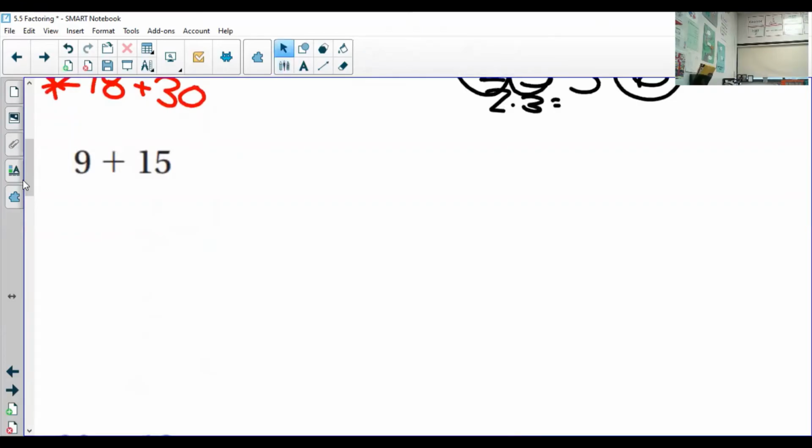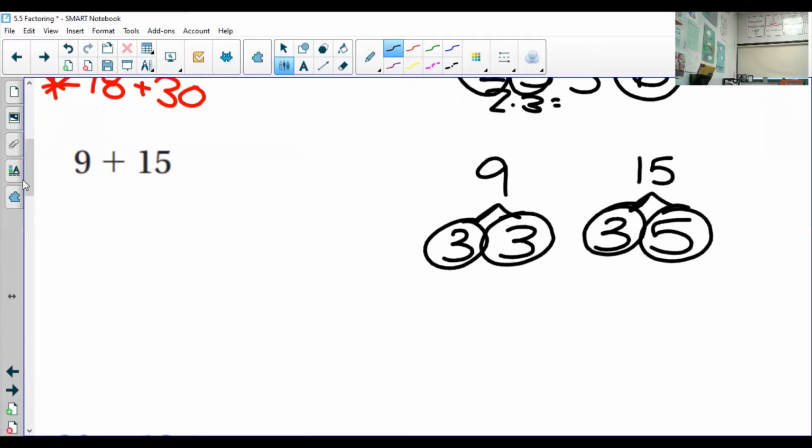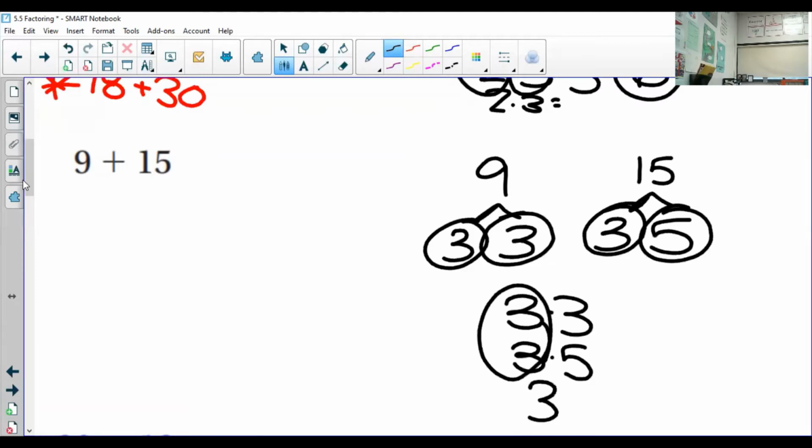So now I have 9 and 15. I'm going to come over here and do my factor trees, 9 and 15. 3 and 3 are both prime, and 3 and 5. So 3 times 3, 3 times 5, the biggest number they have in common is 3.